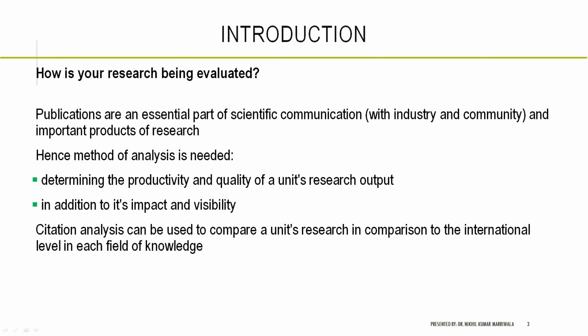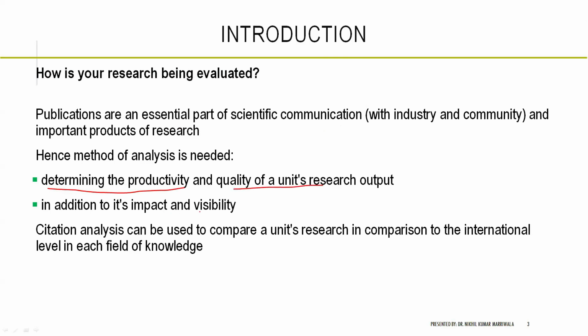So publications are an essential part of scientific communication as far as we people are concerned. There are different methods to analyze these things. The analysis is needed because we want to determine the productivity and the quality of the research, right?